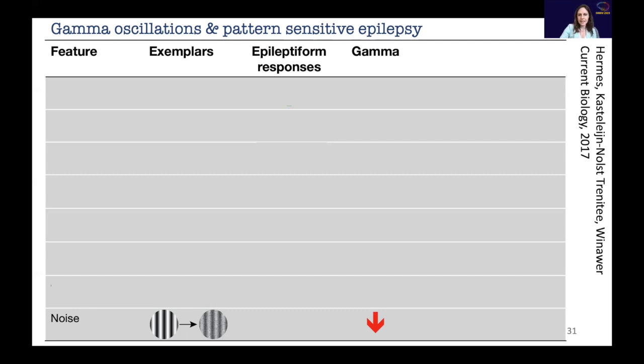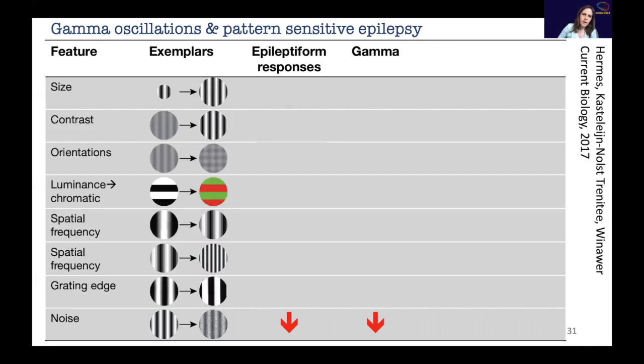And next to that, we reviewed the EEG literature where neurologists measured the number of epileptiform responses induced by different types of visual patterns. And these studies also found that the number of epileptiform responses is reduced with noise compared to a grating.